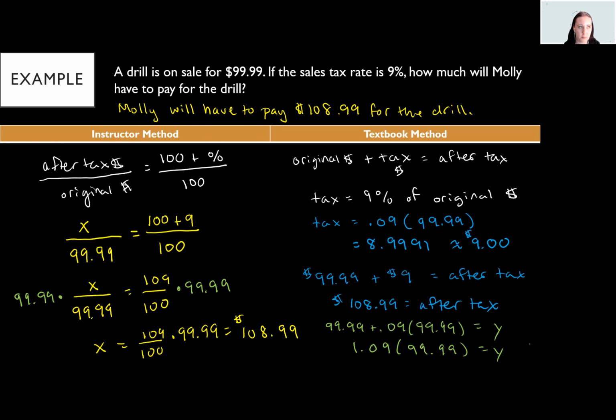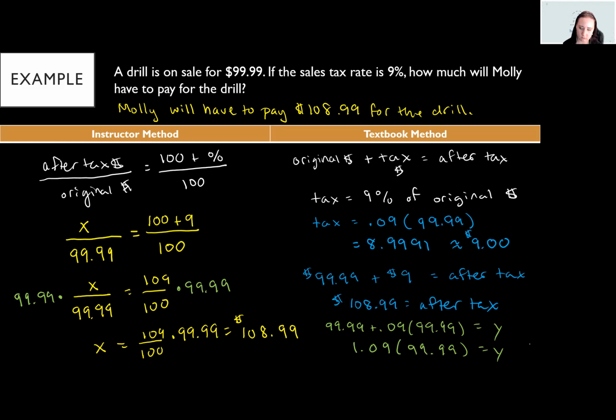And I see probably about 75% of people doing a problem like that on a quiz or exam getting it wrong because they're trying to use the textbook method and work it backwards. And it doesn't work that way, which is why I prefer the method with the proportion, because you're less likely to make that mistake.